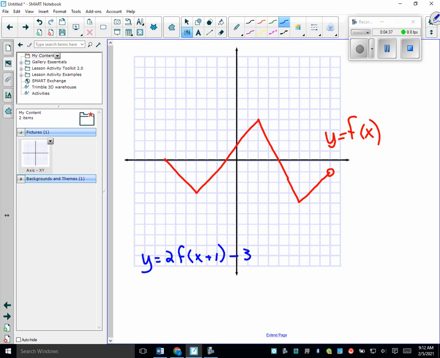What is this x value right here? It is negative 7. I don't know if you can tell from where you are. So I'm going to put negative 7 in here for x, and find what my new y will be when x is -7.